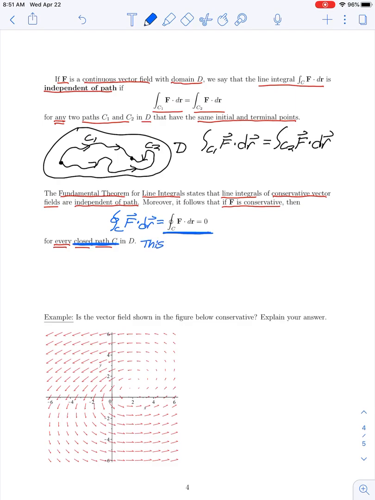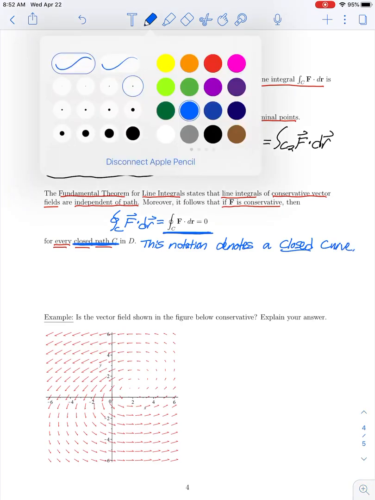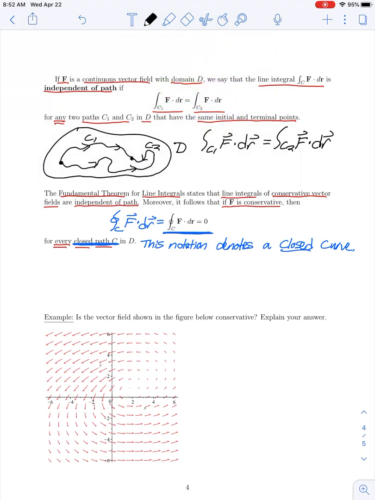So here, this notation denotes a closed curve. So the reason that that would hold is the following. Let's say that we have some closed curve C where our initial point and terminal point are the same.